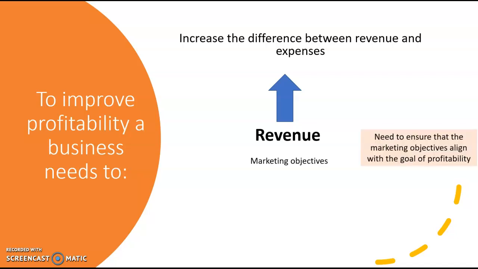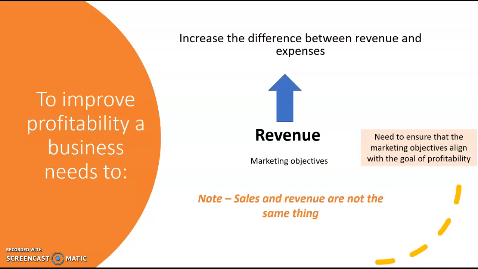Firstly, we need to ensure that marketing objectives actually align with the goal of profitability. Remember, sales and revenue are not the exact same thing. Sales is the quantity of products sold, whereas revenue is the quantity times the selling price.